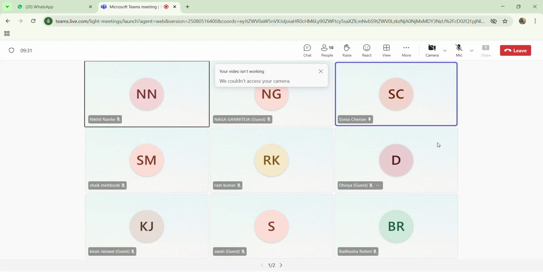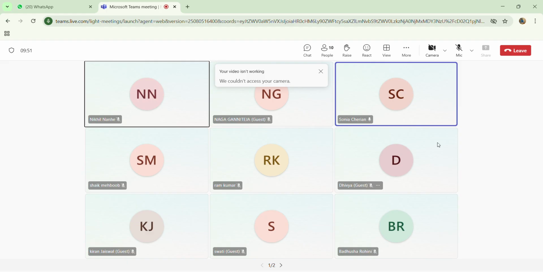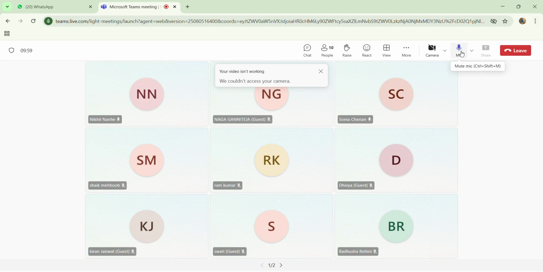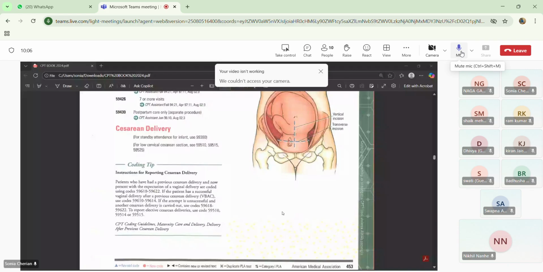Can you guys just tell me what is the trimester, the weeks of gestation? I just want to know from which week to which week the first trimester covers. 20, 28.